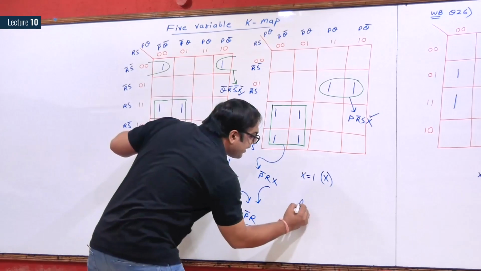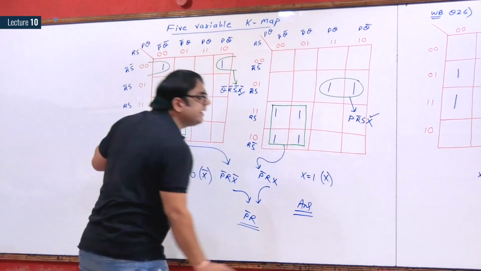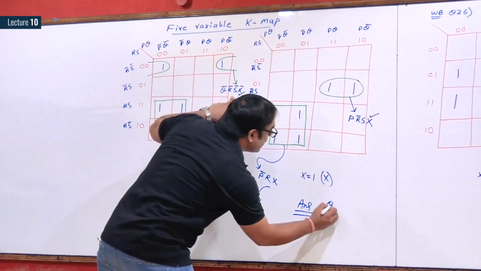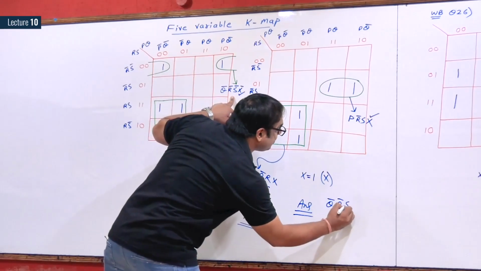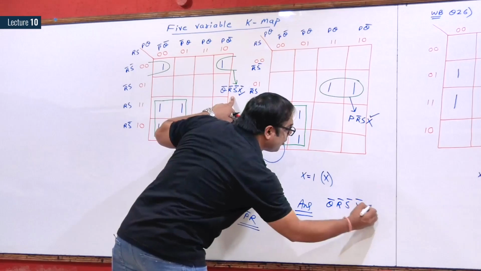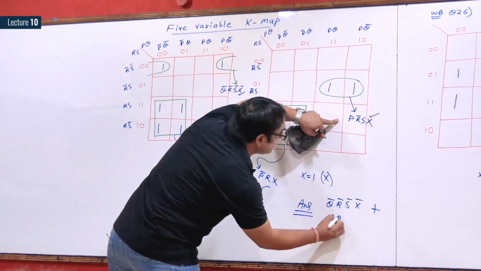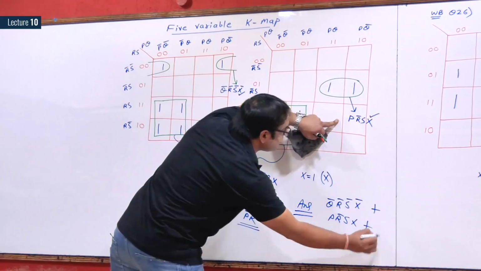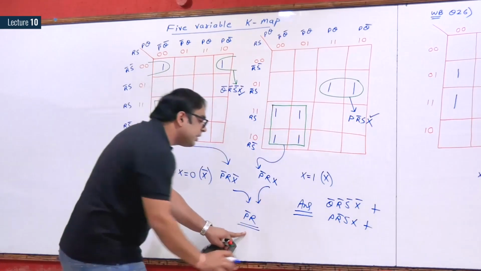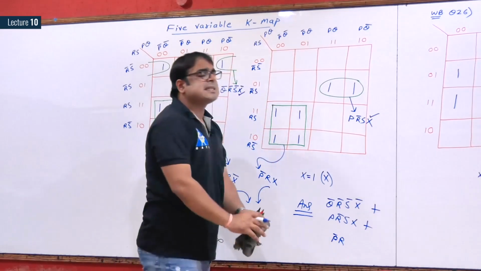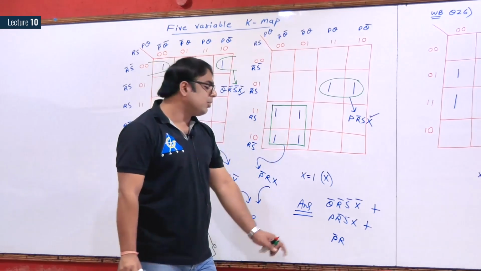So what is the final answer of the complete 5 variable K-map? This is the first term, Q complement R complement S complement X complement, plus this is the second term, P R complement S X, plus this is the third term, P complement R. A very simple logic you have to follow.